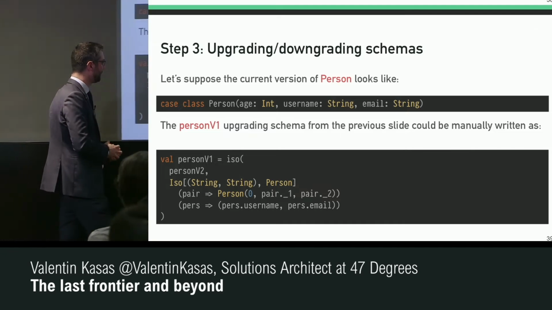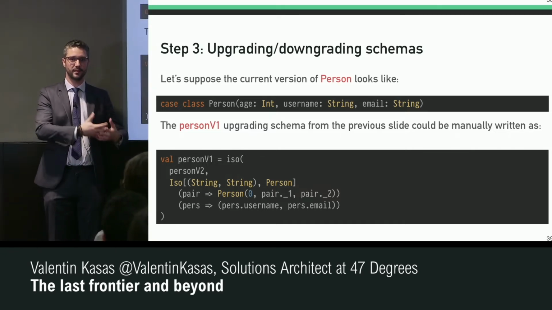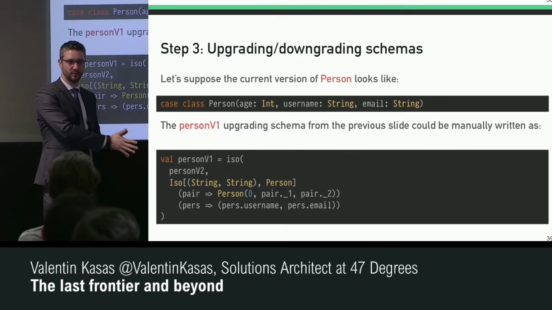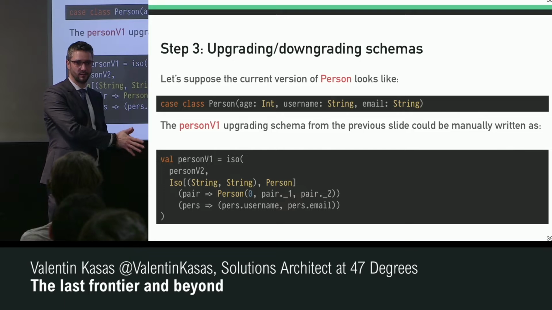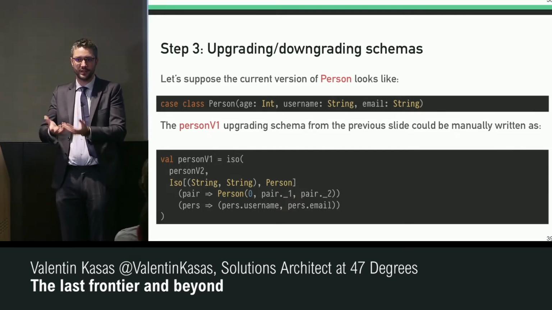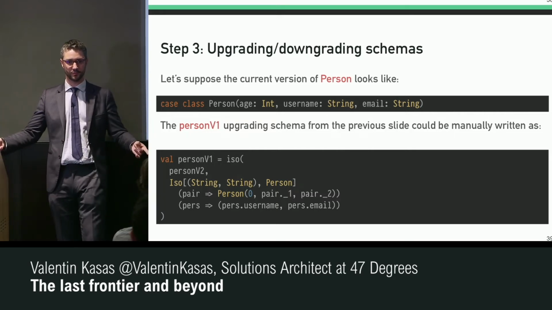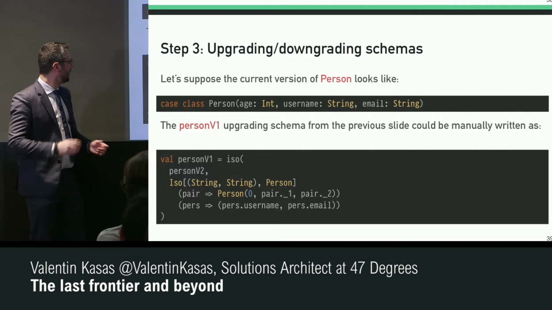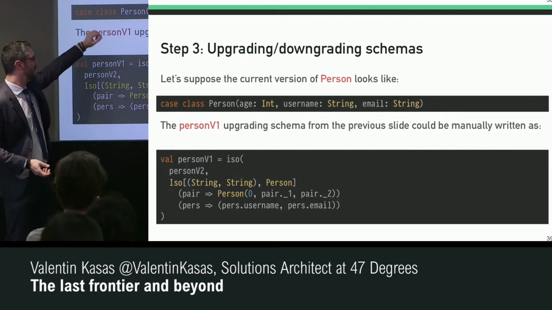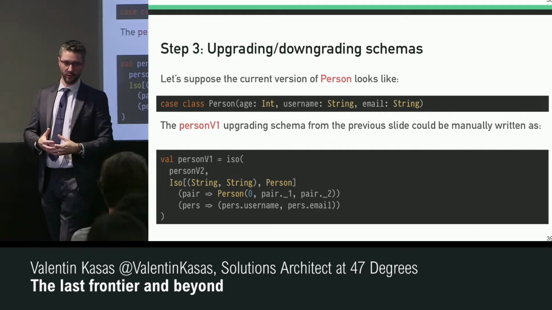And I want to come up with a schema that will be able to read the version 1 of person on the wire, in JSON, for example, and build an instance of the class person with all the fields of the version 2. And what I know is that in version 2, I added this age field, and the default value is 0.